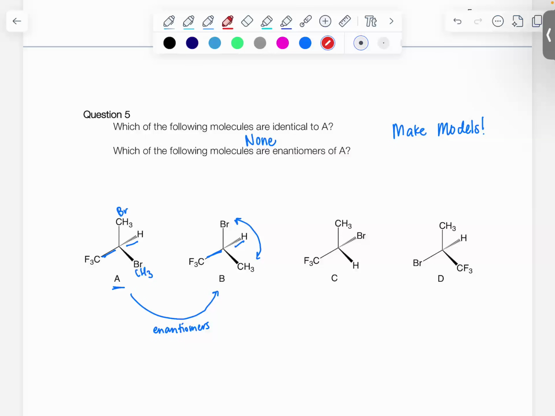If we were to compare A to C, again, we can keep that CF3 in plane, and now we'll keep the CH3 in plane, but our proton and our bromine have been switched. So A and C are also enantiomers.